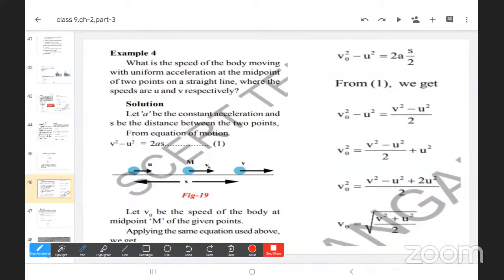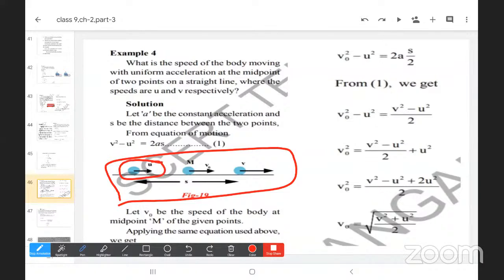So you can observe the figure. So here this is the initial velocity u and the final velocity of the moving body. So here it is in a straight line. There is no change in the position of the object, right? So it is moving in a straight line.